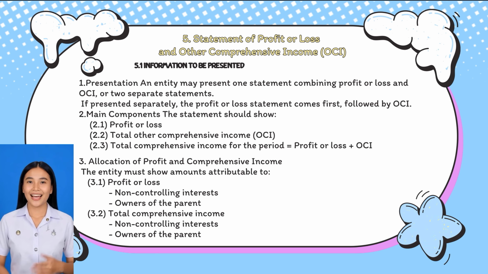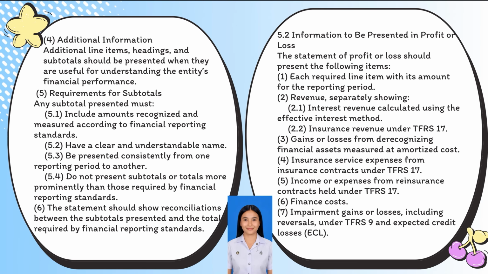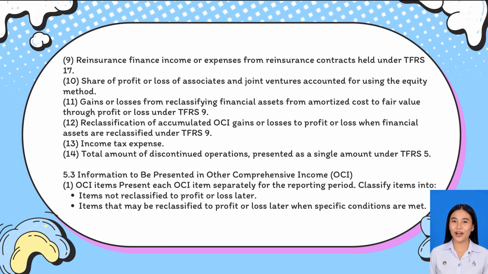It also explicitly allocates these totals between the parent company's owners and non-controlling interests. The statement of profit or loss should present each required line item with its amount for the reporting period. OCI categories: items in OCI must be split into 2 groups: those that will not be reclassified to profit or loss in the future, and those that may be reclassified when specific conditions are met.